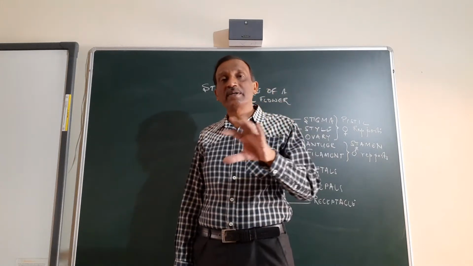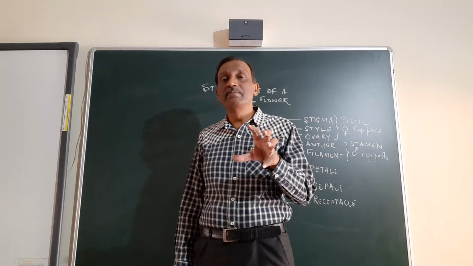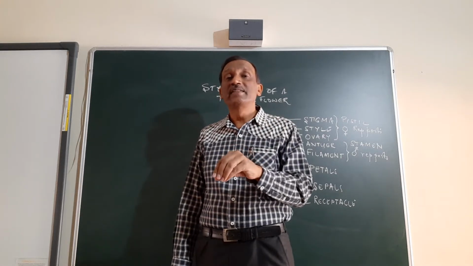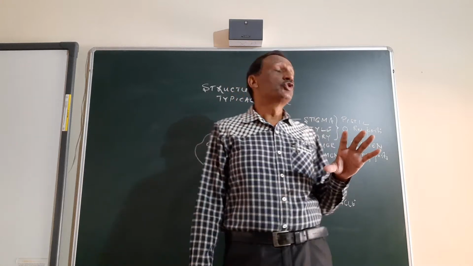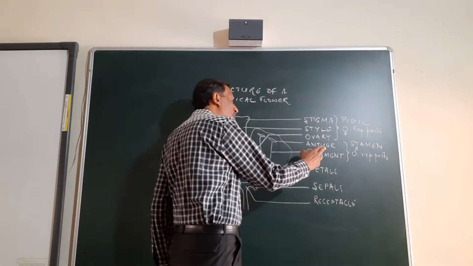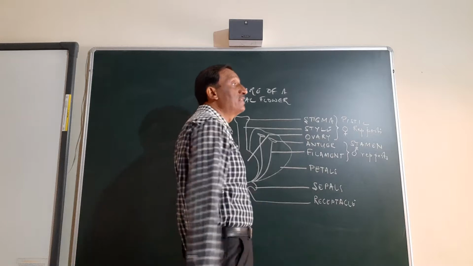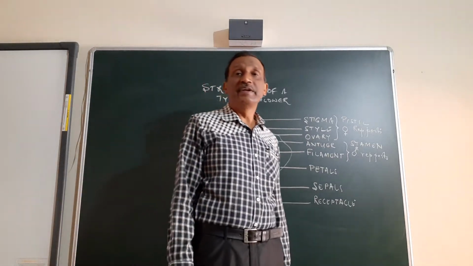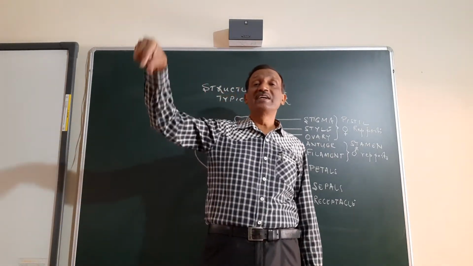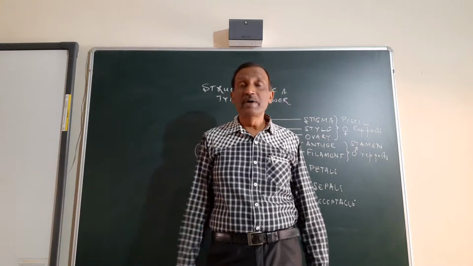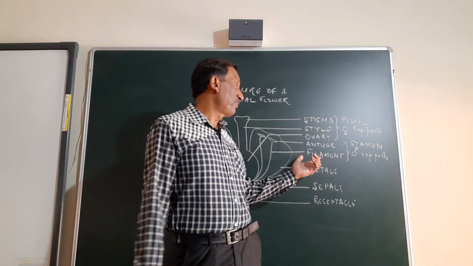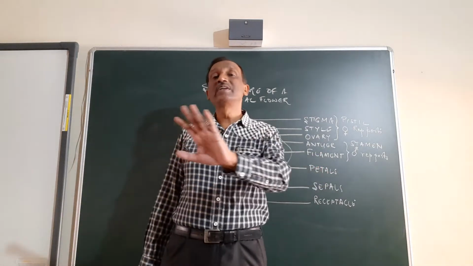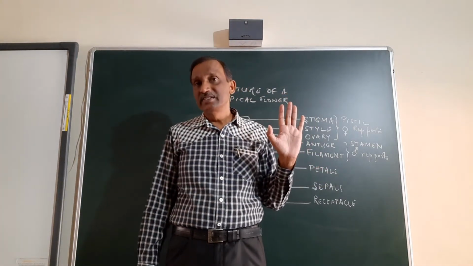And the birds, these pollinators will come, but they will not be exposed to the anther, and they will not be able to get the pollen grains. So in order to bring the anther in contact with the body of the pollinator, they have to be exposed, and that exposure, that is to bring them outside the main flower, is the function of the filament. Filament is not taking any part in sexual reproduction.